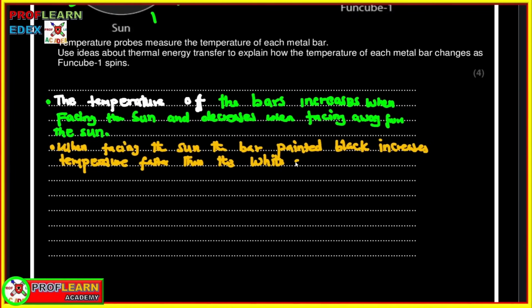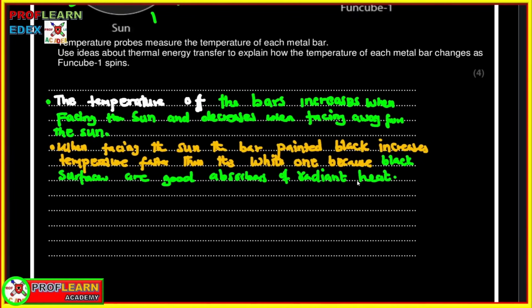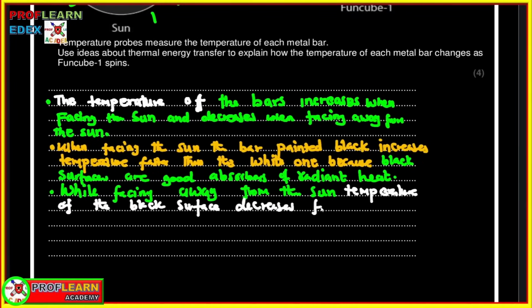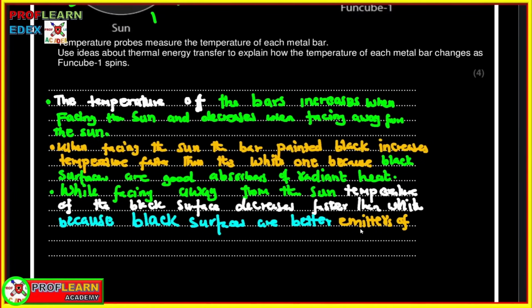But when they are facing the other side, the black one is going to lose heat quite faster compared to the white one. So while facing away from the sun, the temperature of the black surface decreases faster than the white surface, because black surfaces are better emitters of thermal energy, of radiation per se.